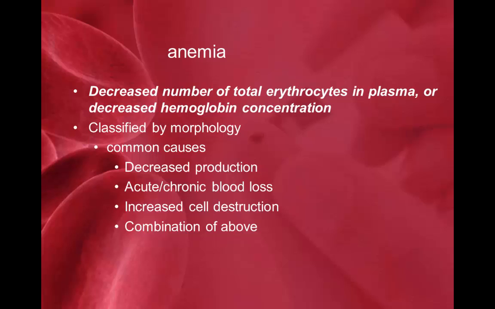RBCs, remember, survive 120 days. They then lose their cell membrane and are largely cleared from the circulation by phagocytes or macrophages in the spleen, liver, and bone marrow. Hemoglobin is broken down in the hepatocytes, with degradation of the heme component of the erythrocyte to bilirubin.